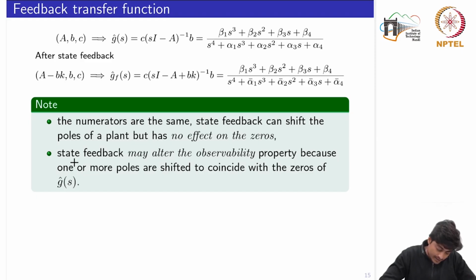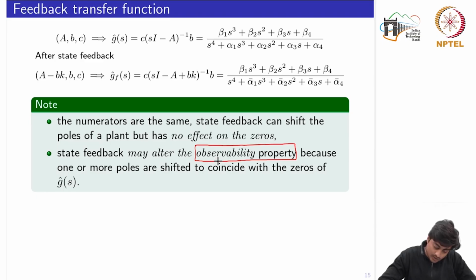Right? Now second, the state feedback may alter the observability property. This is the most important part, which you should note at this time. Once we come to the week where we discuss the physical significance of observability, we will explicitly show how the state feedback can alter the observability property.